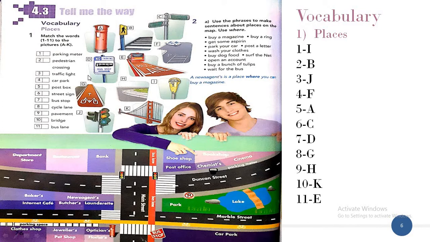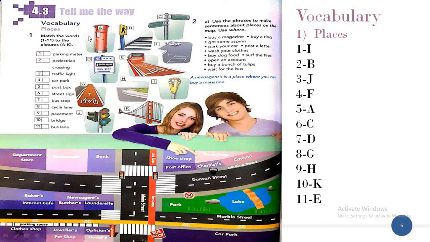Traffic lights. It's easy. It's G. Good. 4. Car park. We match it with F. Look, car park.